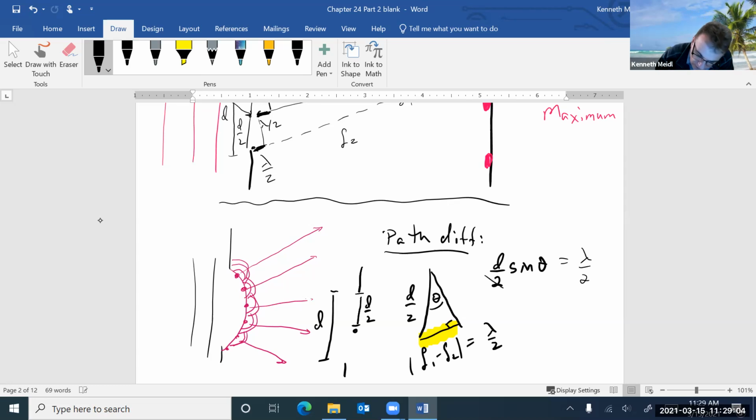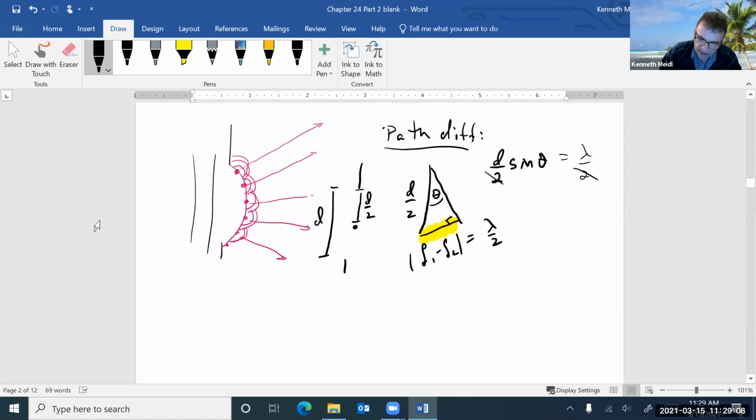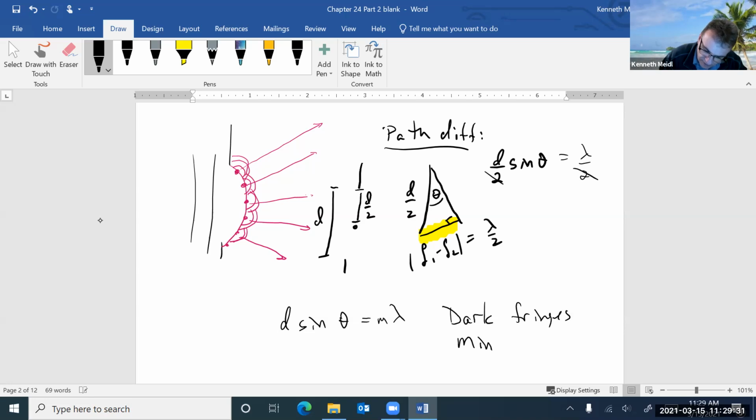And so those twos cancel out. So when you have a single slit, D sine theta gives you the wavelength. And this happens multiple times, so you can be off by one whole wave or two whole waves. And this is for the minimums or the dark bands, the dark fringes, sometimes called the minima.